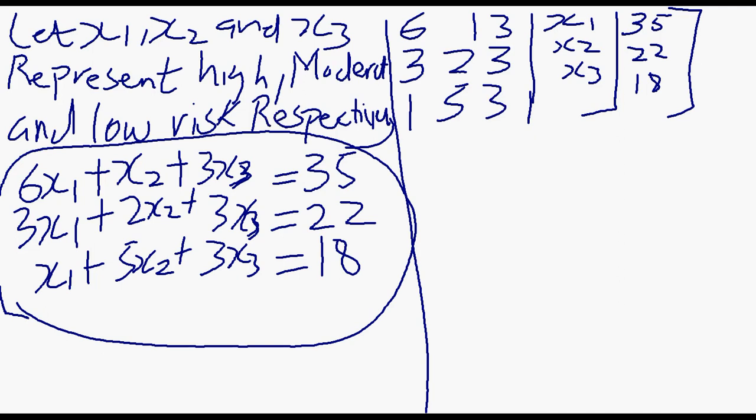Okay, so with this, I think X1, X2, and X3 will represent the portfolio instead.